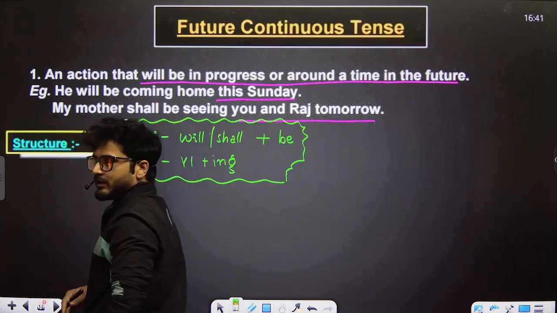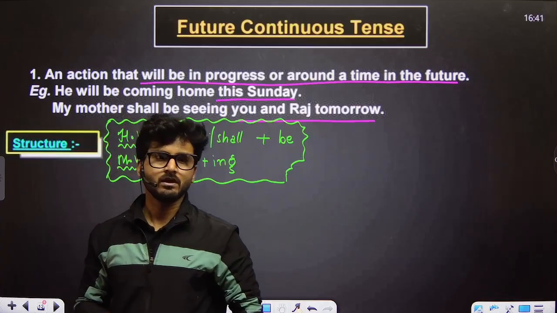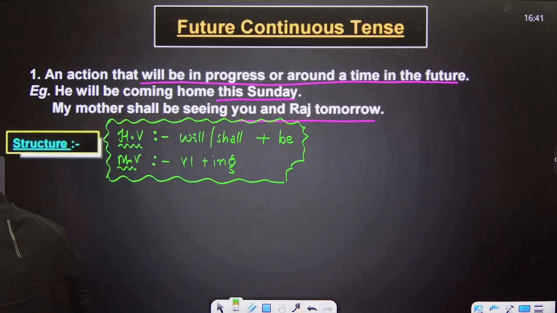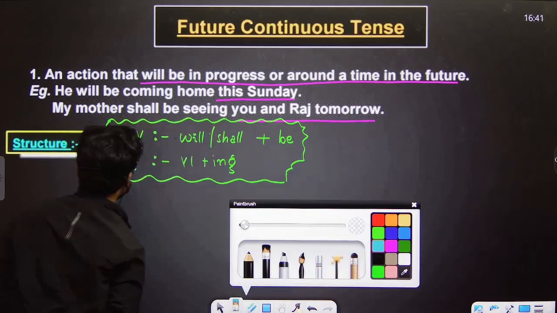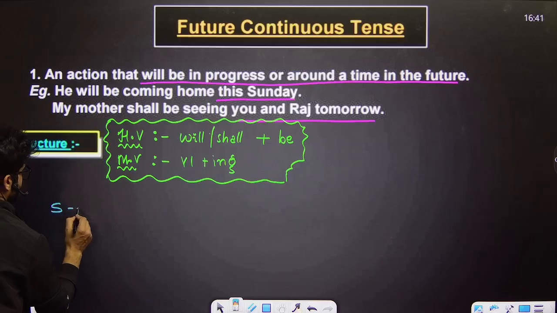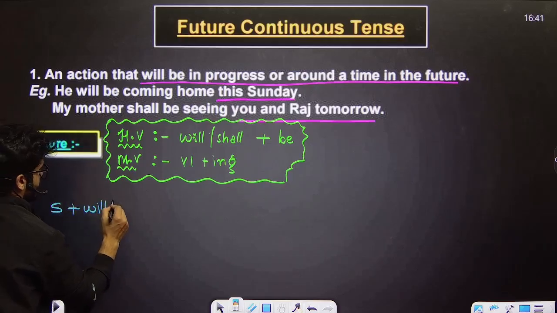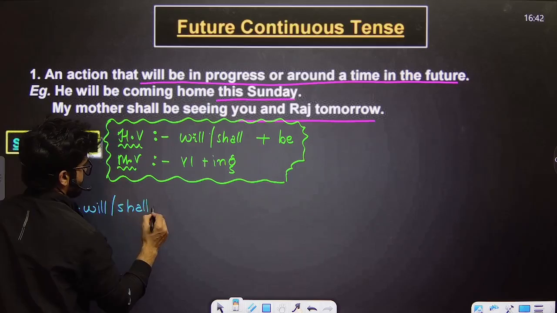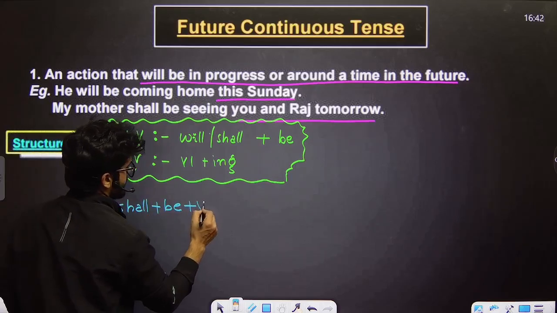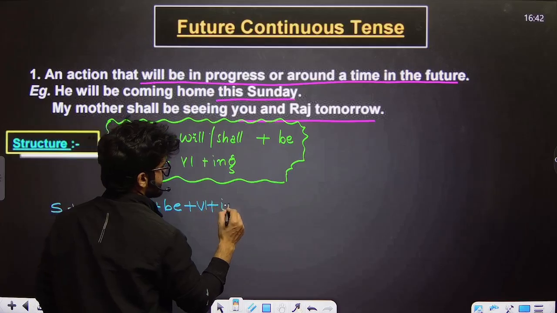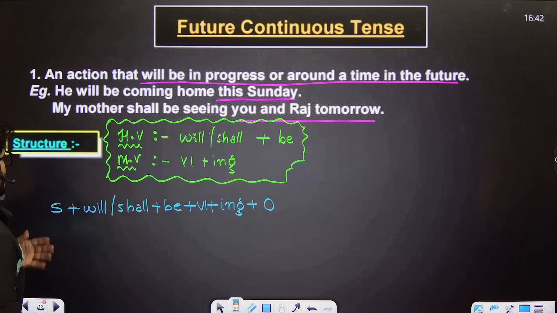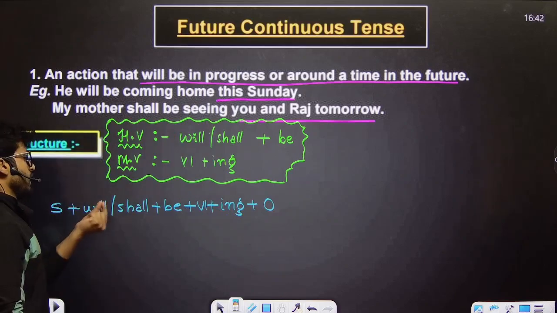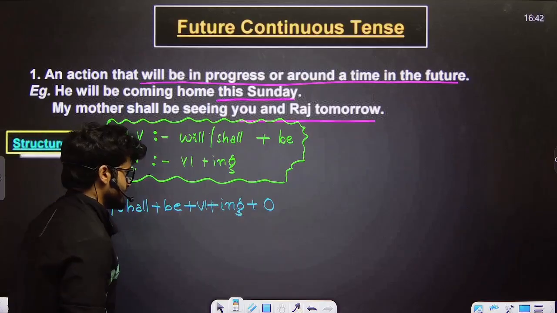Noting it down now, everyone? Now, the structure part. In the affirmative case: subject plus will, shall, be plus verb plus ing plus object. Rakesh will be writing a letter.